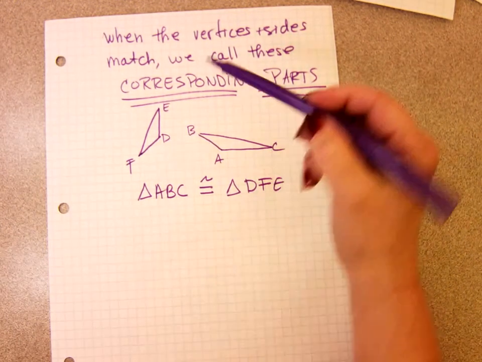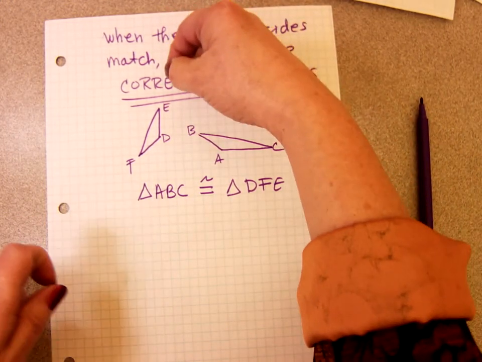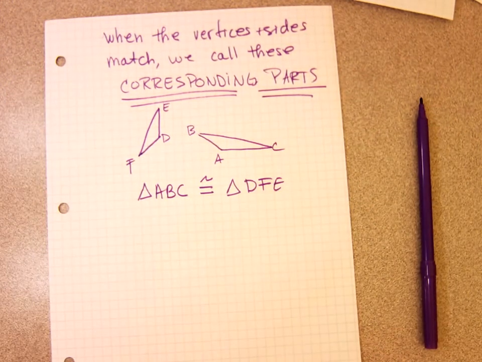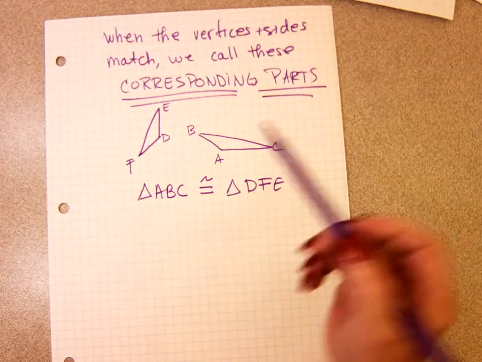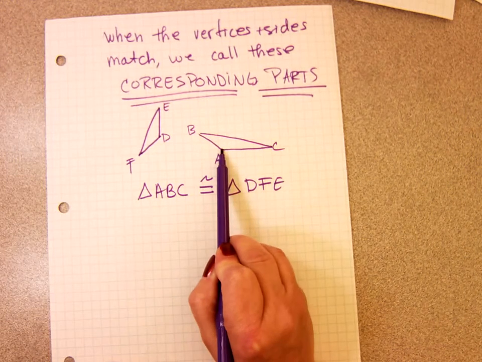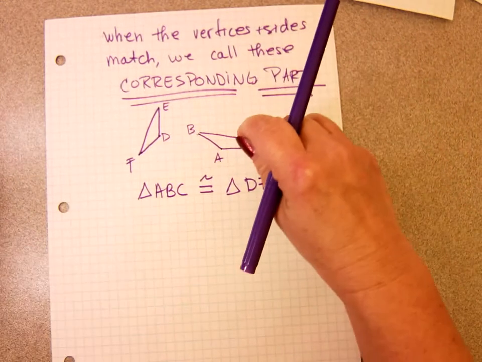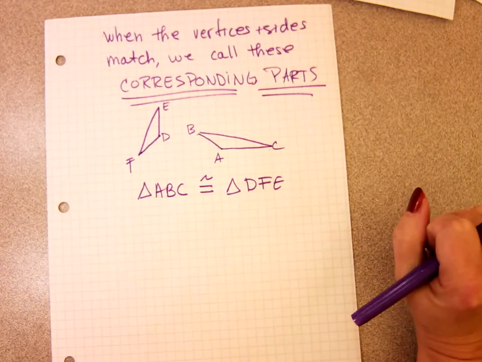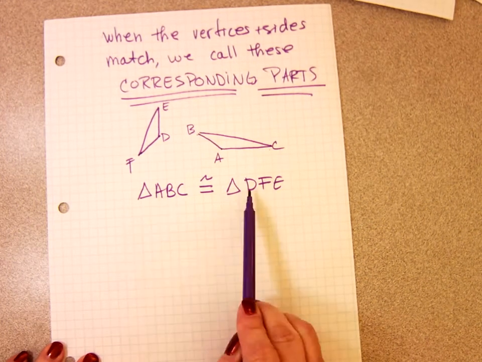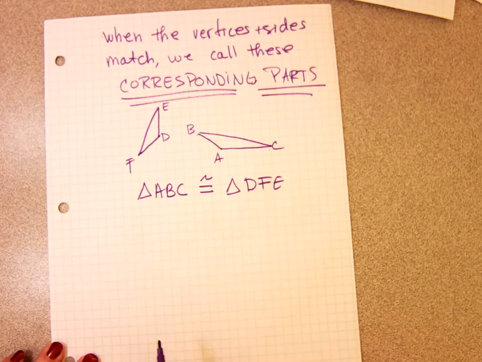So if I were to take the triangle on the left, DFE, and I were to actually cut it out, rotate it and slide it on top of triangle ABC, you would see that vertex D goes directly on A, F goes on B, and E goes on C. Okay, so I rotated it and slid it over and dropped it on top. What about the flip? A matches to D, B matches to F, and C matches to E.